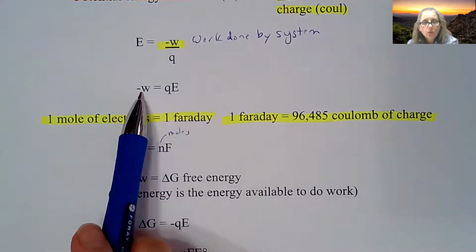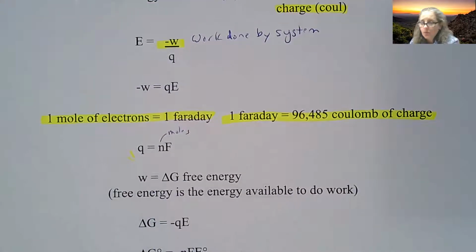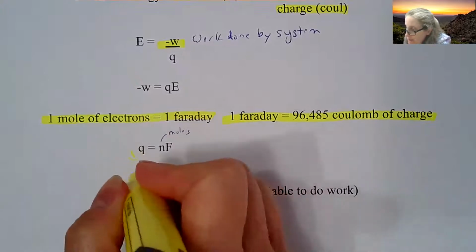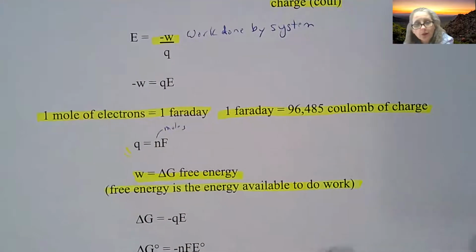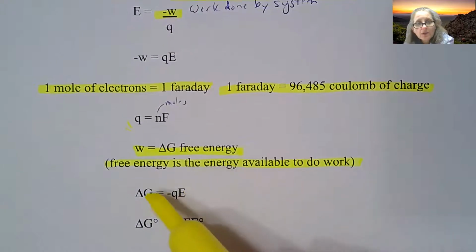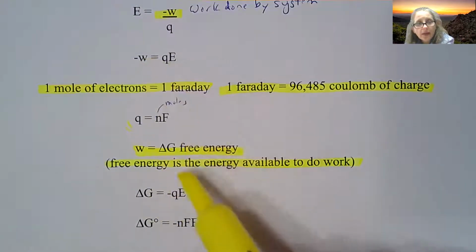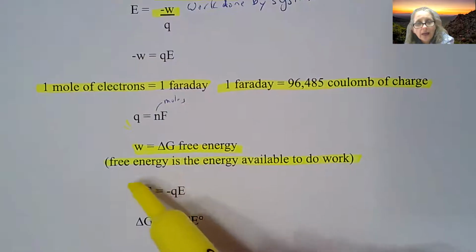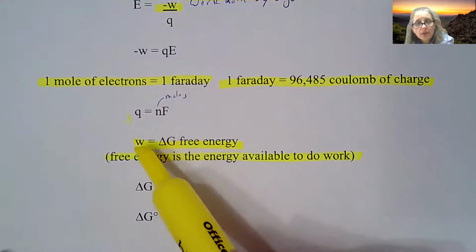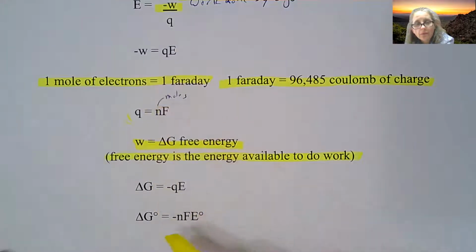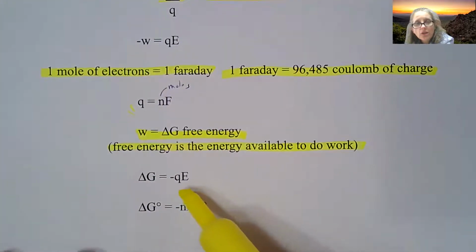So if I take work as equal to Gibbs free energy, because Gibbs free energy is, again, the free energy available to do work, I could substitute that in for W. Then I have Q, and then I have E. And I change the negative over to the right-hand side. So again, W is equal to delta G, so I have to move the negative. So what is Q equal to?